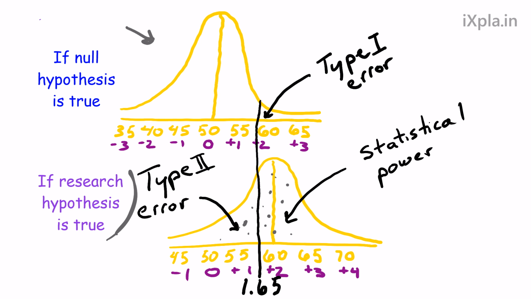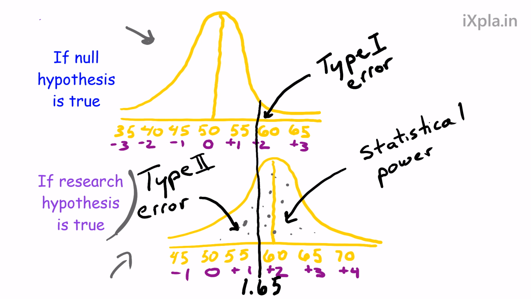And the only error that's possible with that top curve is a type 1 error. However, if the research hypothesis is true, you're working with this bottom curve, and there are 2 possible labeled outcomes. The type 2 error is when you do not reject the null and you're wrong. Statistical power is what you want, right?